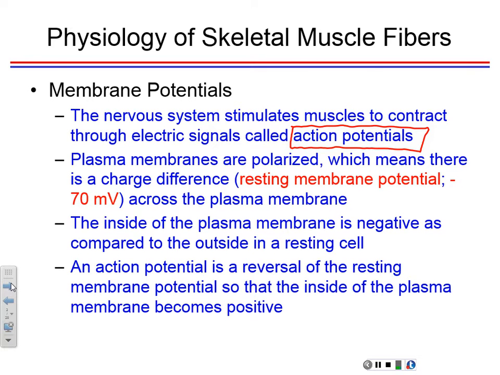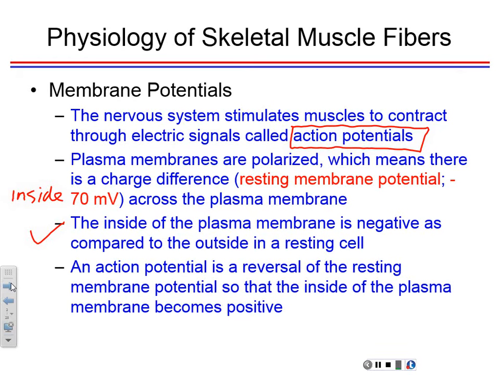So that means the inside is negative. The sign on the membrane potential indicates what the charge is on the inside. So minus 70 means inside it's more negative and outside is more positive.